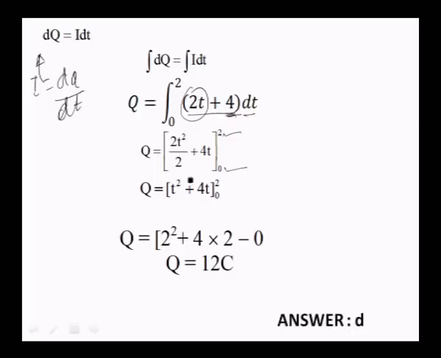If you apply the limits, 2 and 2 get cancelled, it is t square plus 4t, from 0 to 2. First the upper limit, 2 square is 4 and 2 fours are 8, we get 4 plus 8 which is equivalent to 12 coulomb. Therefore, the correct answer for this question is D.